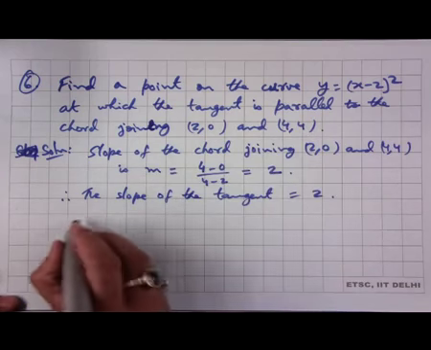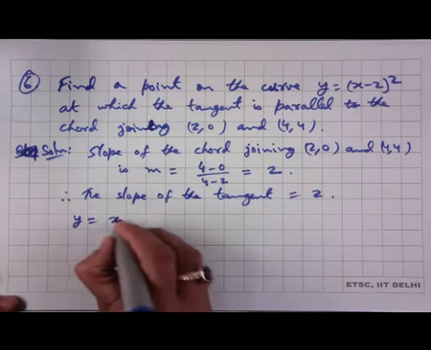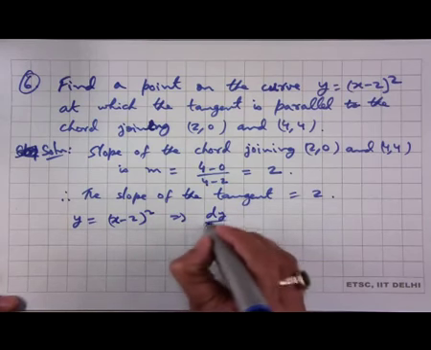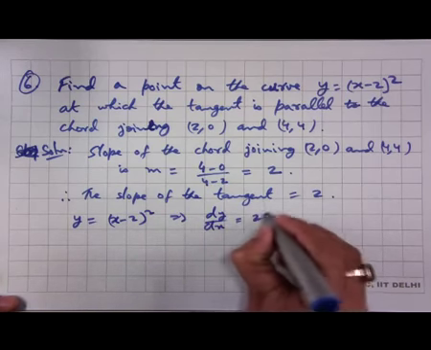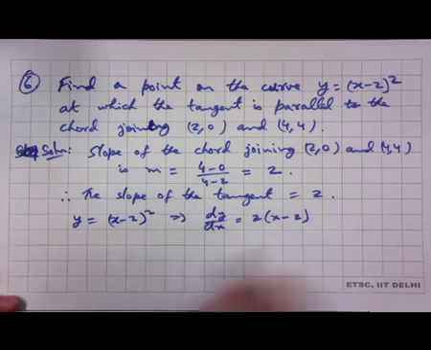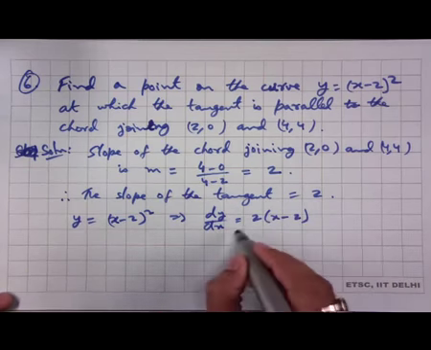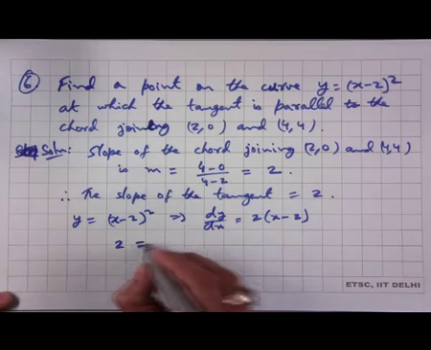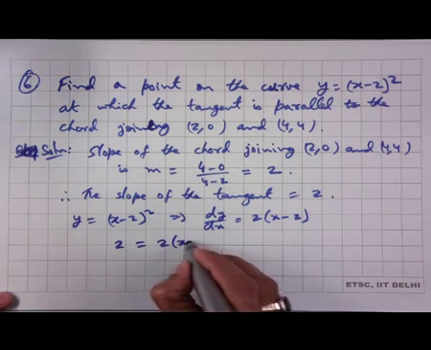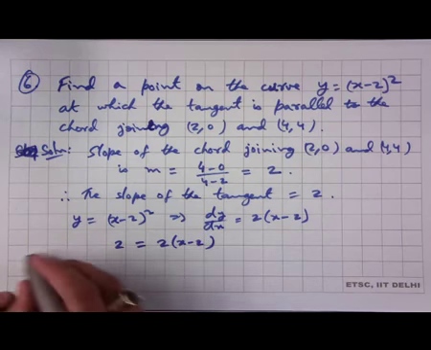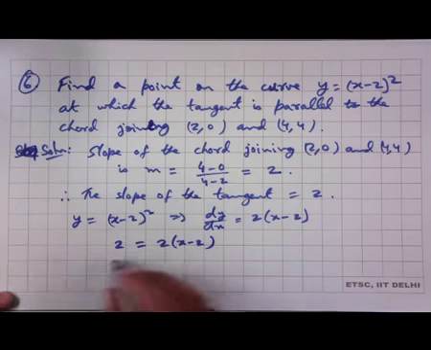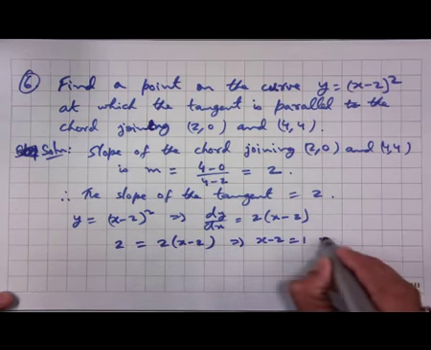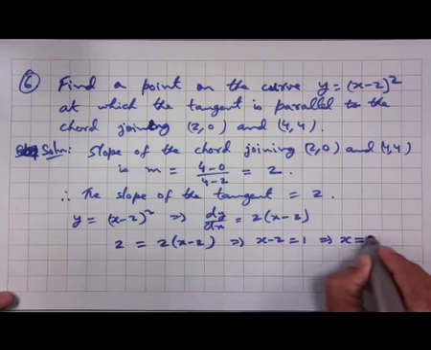Now, if we look at y equal to x minus 2 squared, this implies dy/dx is equal to 2 times x minus 2. So, if we want the slope to be equal to 2, we get this equation, which implies x minus 2 equal to 1, which implies x is equal to 3.